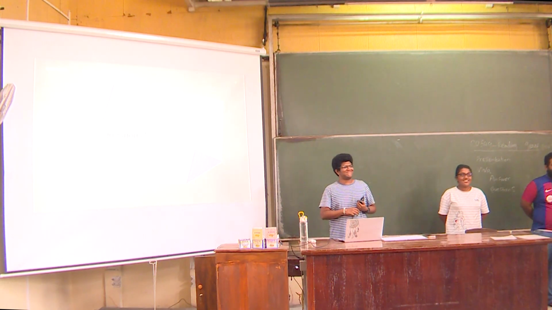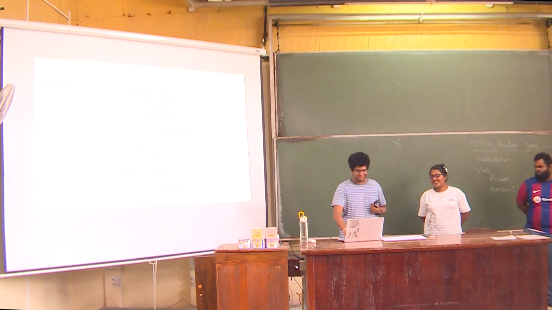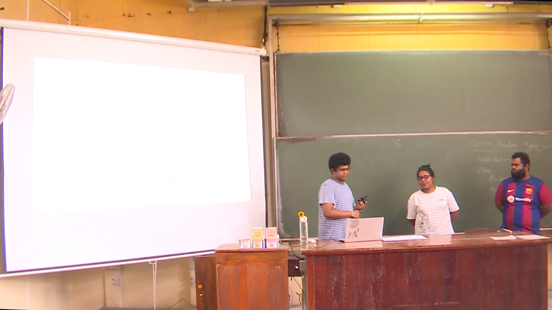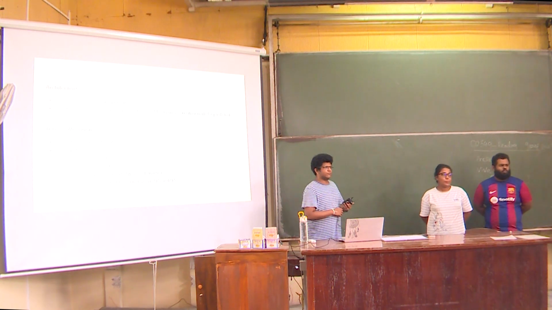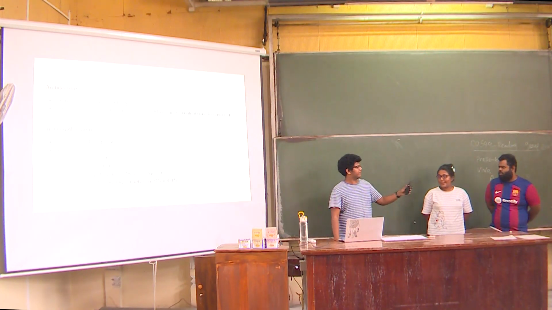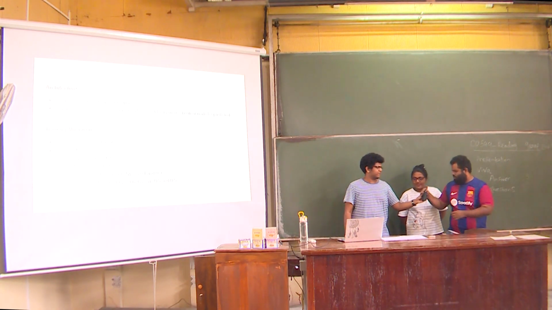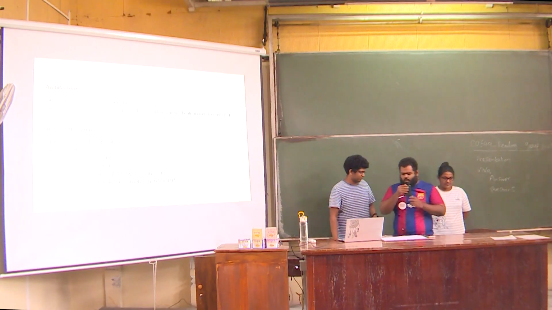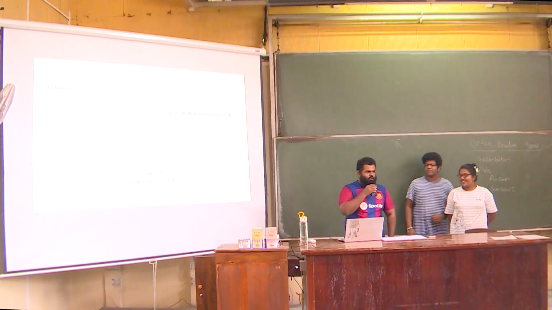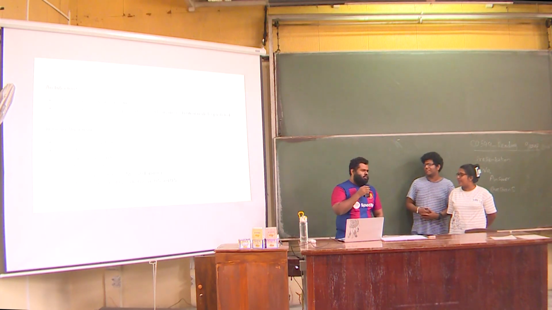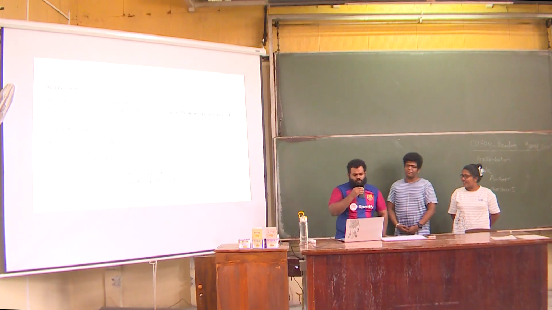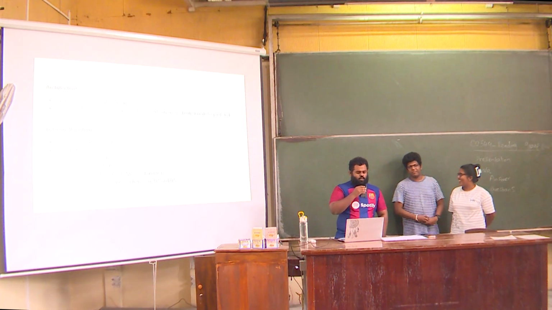So if you can go to the first paper, you showed some parameters you chose for the model there. So how did you come up with these parameters? These parameters were stated in the research paper.